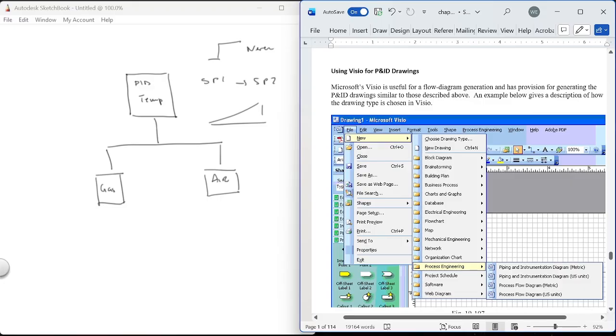By the way, how many of you know anything about Visio? Visio is a drawing package that is very useful, and it is on some of the computers in some of the labs that we have here at the university, and it does P and ID drawings. You can do a number of things, including P and IDs, and this is some of the symbology for P and ID drawings.